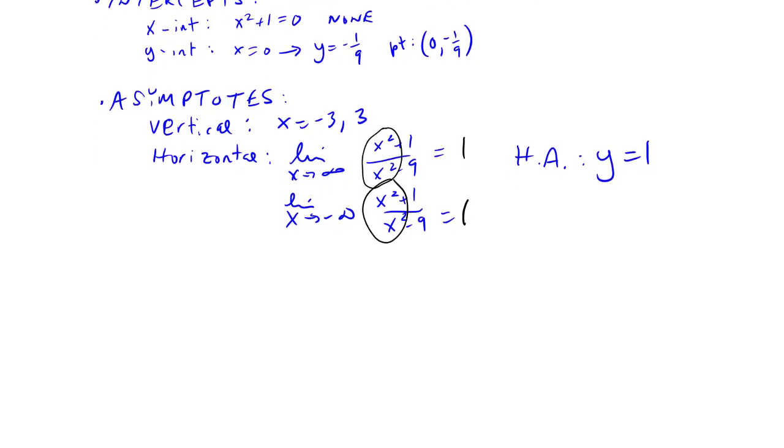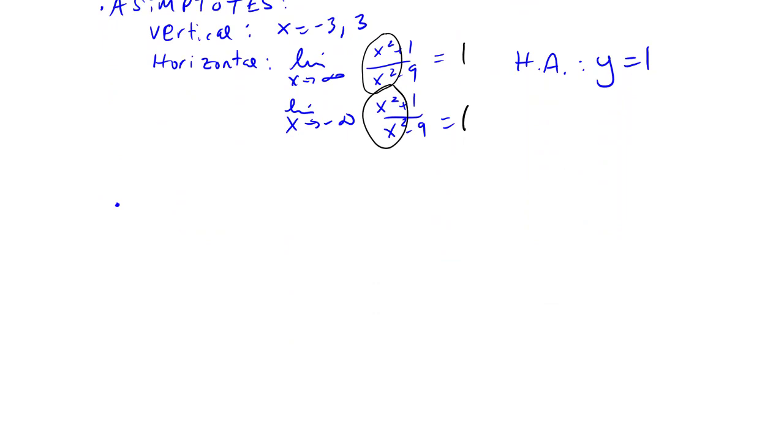All right, so let's go now to extrema. We're going to need the first derivative. Again, the function we were looking at was x squared plus 1 over x squared minus 9. This is going to be quotient rule.